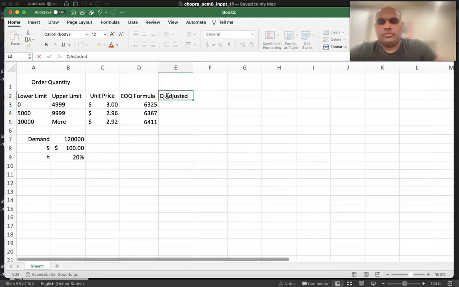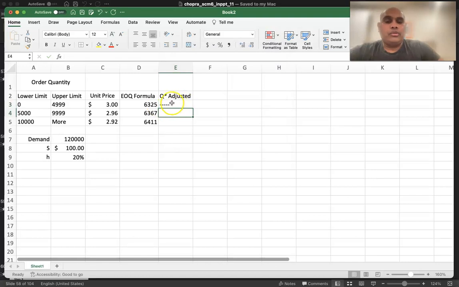If you notice that this number from the EOQ formula is larger than the upper limit, then you don't need to consider that case. That case will not be optimal at all. You don't have to consider that case whatsoever, right? That case is out.